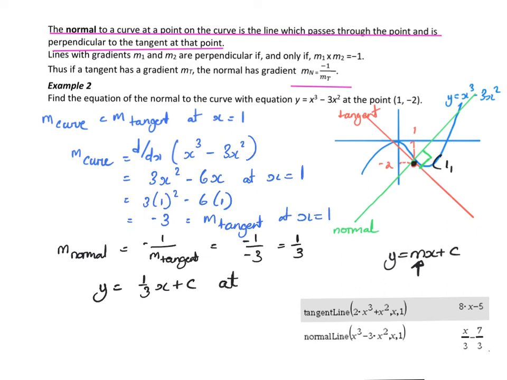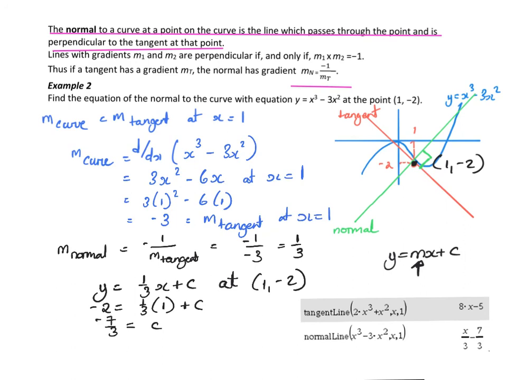It goes through (1, -2). So when x is 1, y is -2. That's going to help us find our c value. Substituting that in, -2 is equal to 1/3 times 1 plus c, which gives us -2 is -6 on 3. Take away 1/3 gives us -7 on 3. And that is my c value.